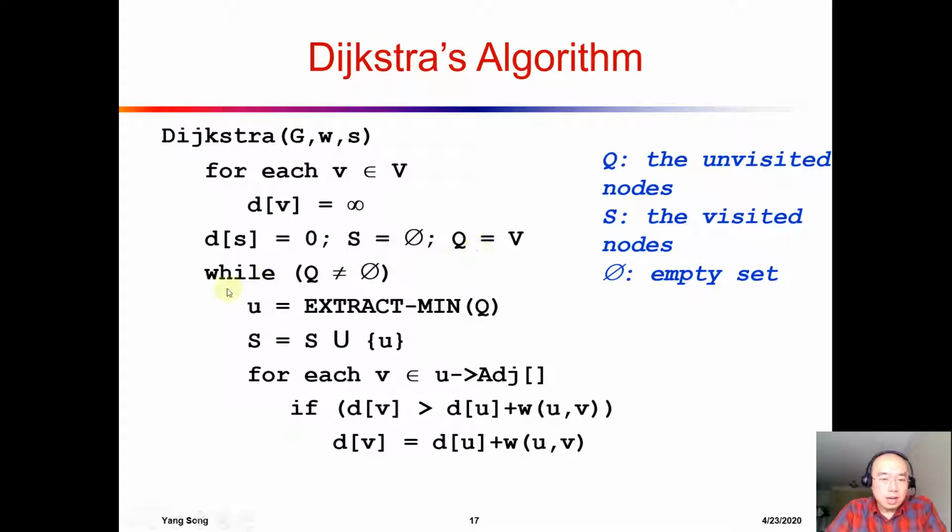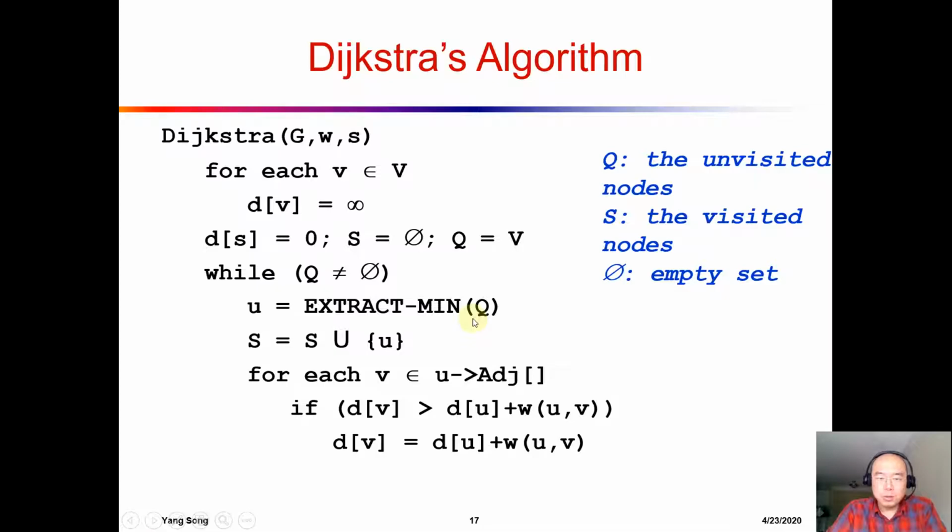And after that, as long as the queue is not empty, the goal is that in each round we take one node out from the queue and put it into S. I'm going to keep on doing that until I have taken all the nodes from the queue and put them into S. Then I do an extract min. You have seen this before, right?